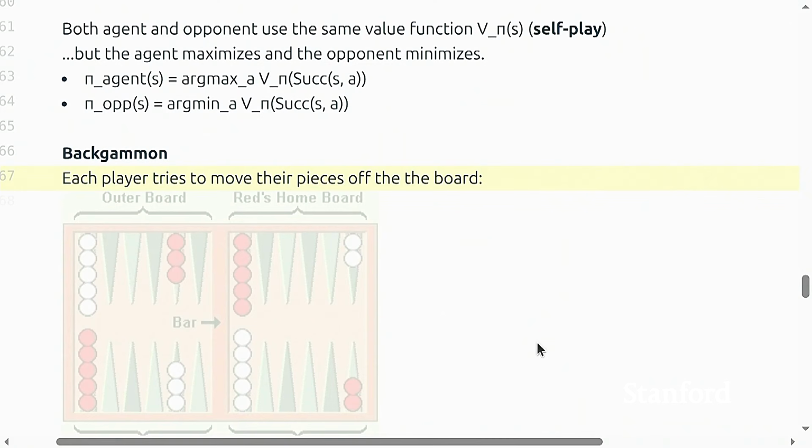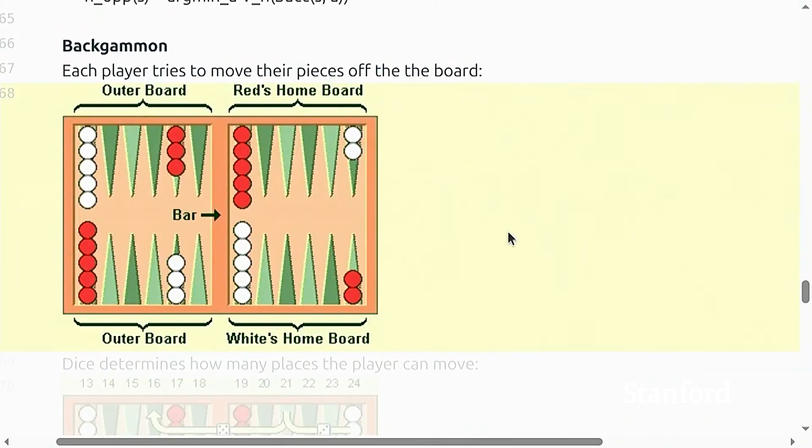So let me instantiate this just as a fun example for the game of backgammon. So here's the way backgammon works. You have this board. It consists of these triangles called points. There's two players. In this picture, there's the red player and the white player. Each player has a set of pieces.